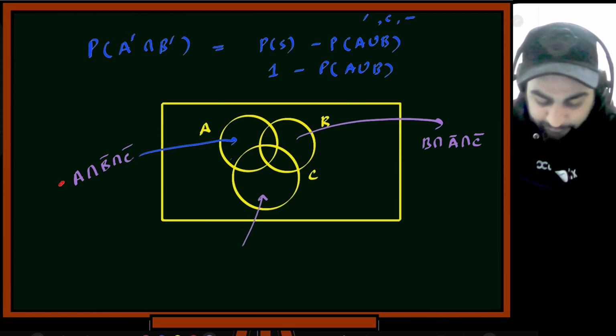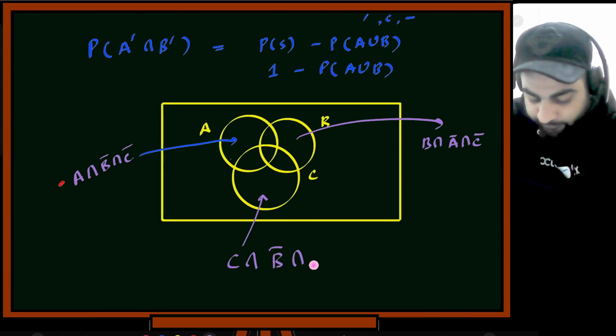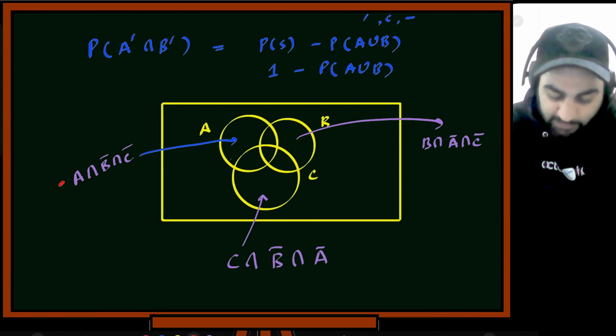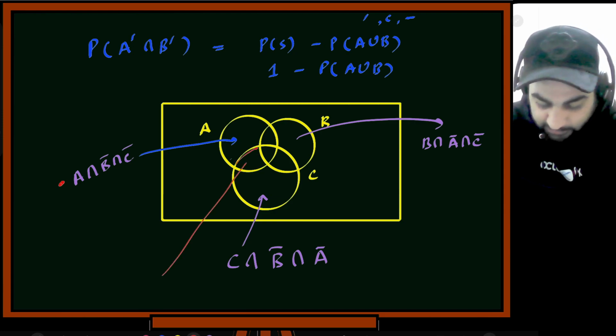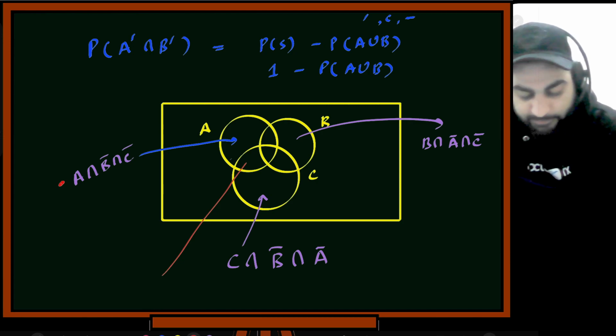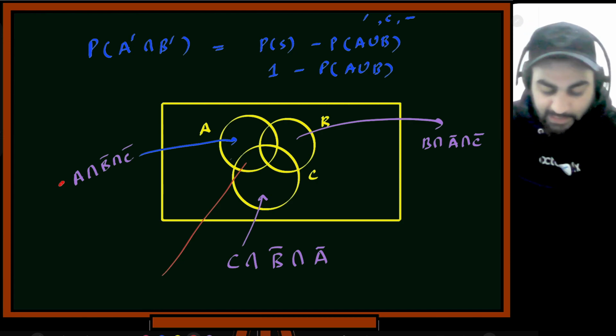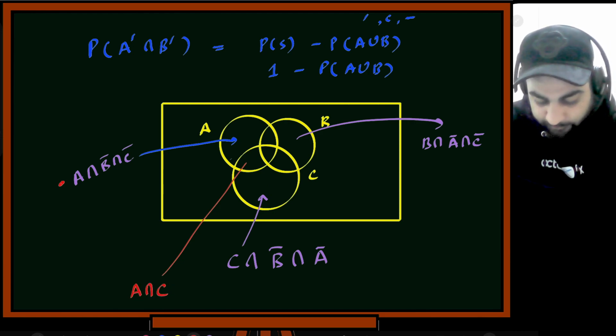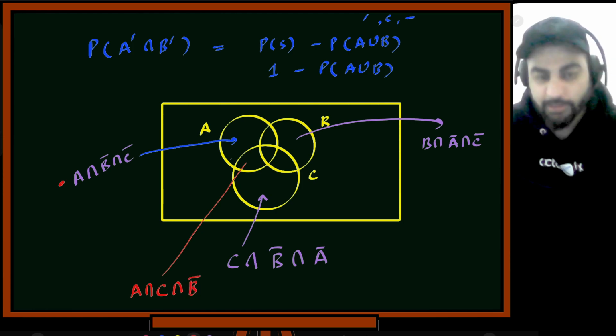C intersection B complement intersection A complement. Right. So again, help me with this, Rian. What is this portion over here? This lies in A and C. A intersection C intersection B complement. Right.